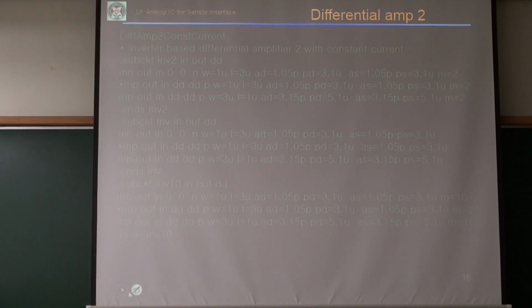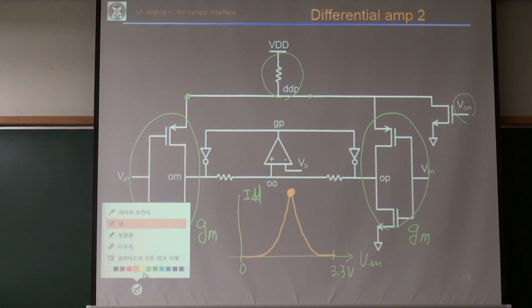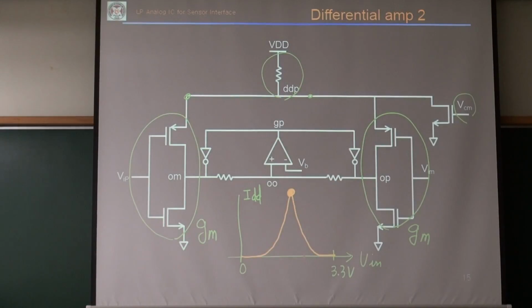If I reduce my supply voltage to, for example, 3 volt, not 3 volt, 2.5 volt, okay? Then my current will be something like that, okay? So then this is my logic threshold. The current will be much lower. I have a much smaller GM, right?